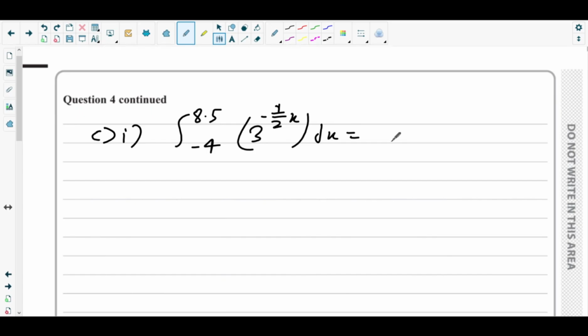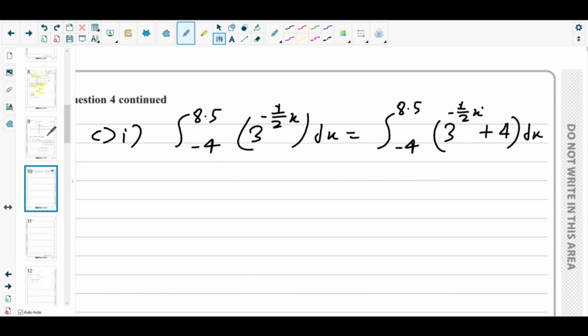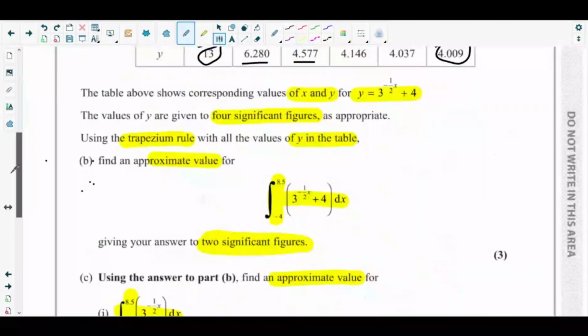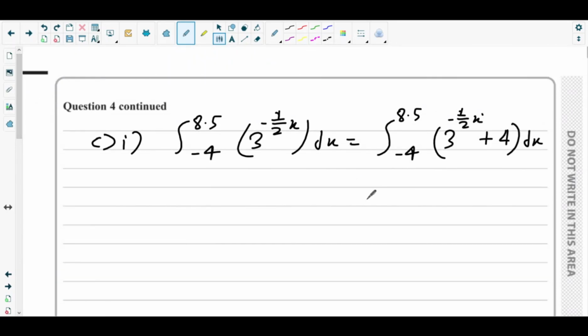It can be written as the integration from -4 to 8.5 of 3 to the power inverse half of x plus 4 dx, the equation that is in part B, minus the integration from -4 to 8.5 of 4 dx, and we get the answer.